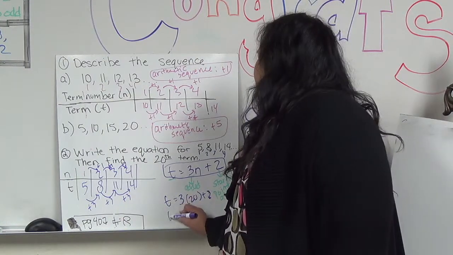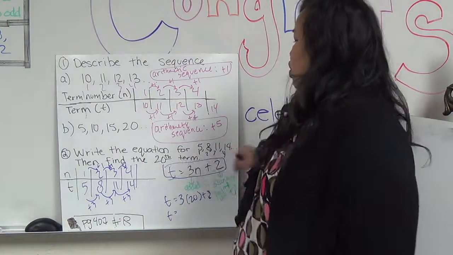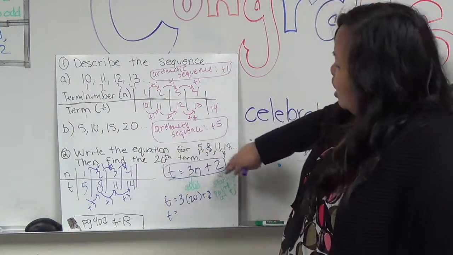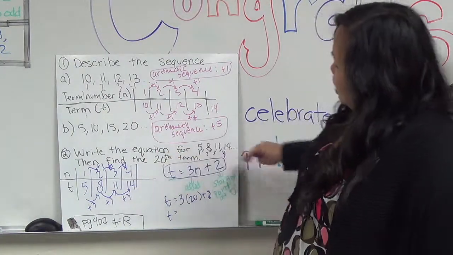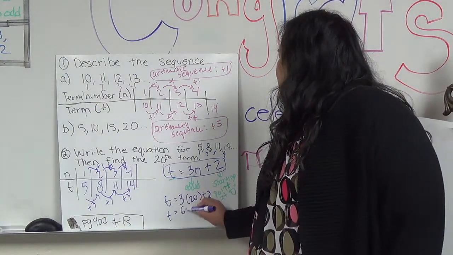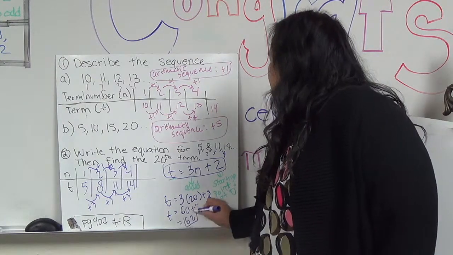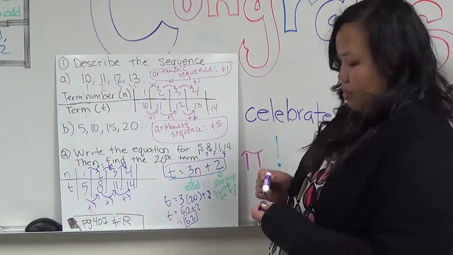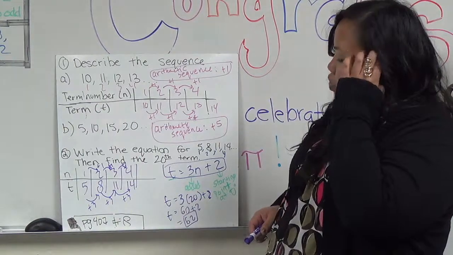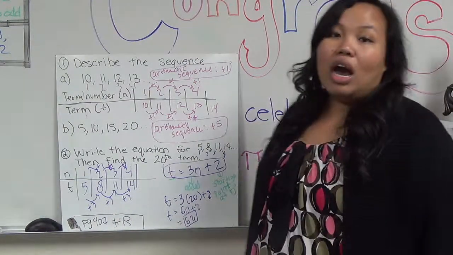Instead of going up, because I'm only at 4 so I'd have to do 16 more, I find this pattern and plug it in. 3 times 20 is 60 plus 2, which gives me 62. Right? So go ahead and try page 407, number 8, and see how you do, and I'll see you in class.